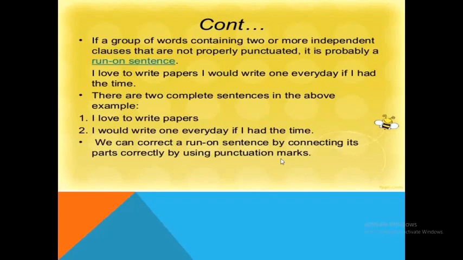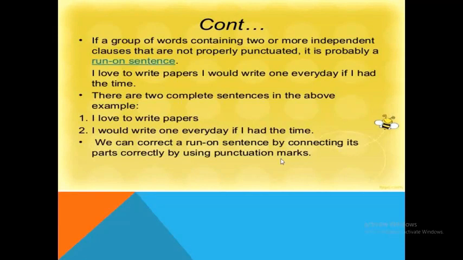And what are those run-on sentences? When two clauses, two parts, two components, or one independent clause and one dependent clause are attached in a sentence without proper punctuation, without proper conjunction, it makes a run-on sentence.